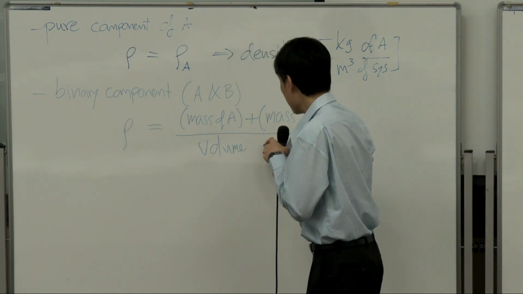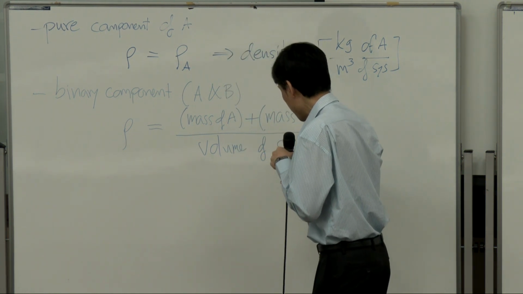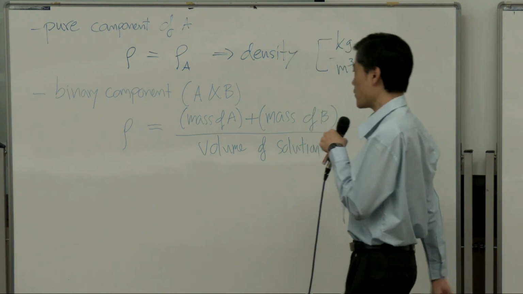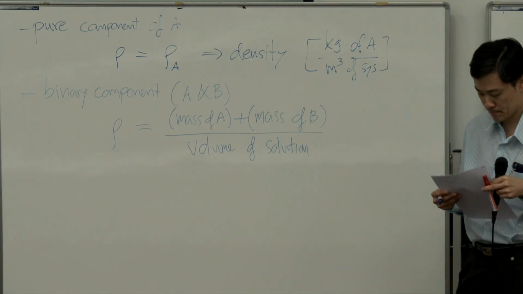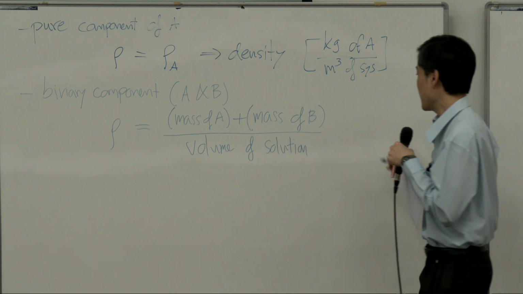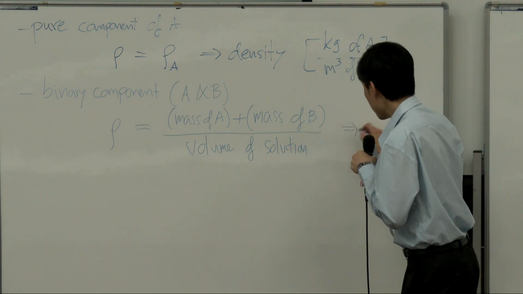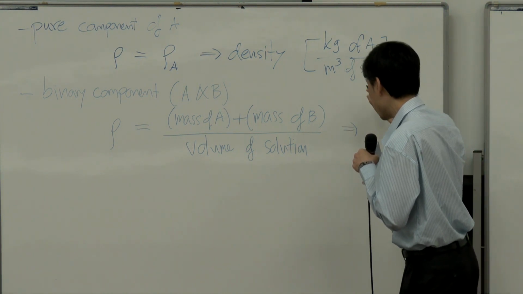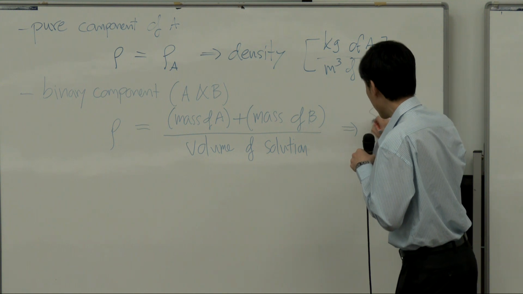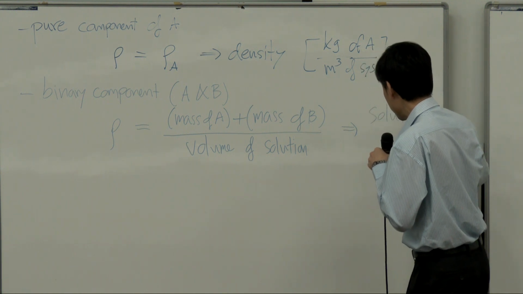And this volume would be the volume of the solution, or the volume of the whole system. So therefore, this sometimes is still called density, but just to be clear, this is solution density.